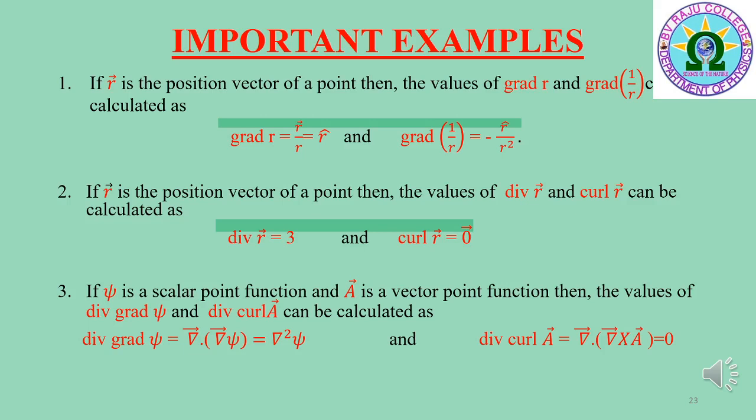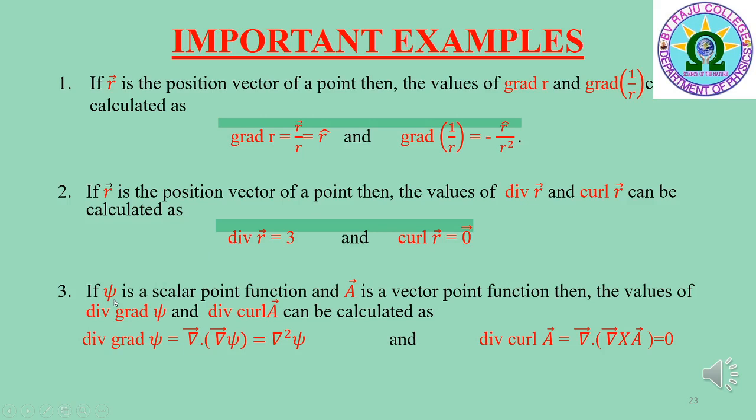Similarly, curl r bar is equal to del bar cross r bar, that is equal to the determinant of i bar, j bar, k bar, dou by dou x, dou by dou y, dou by dou z, x, y, z. On solving the determinant, we get curl r bar is equal to 0 bar, that is a null vector.